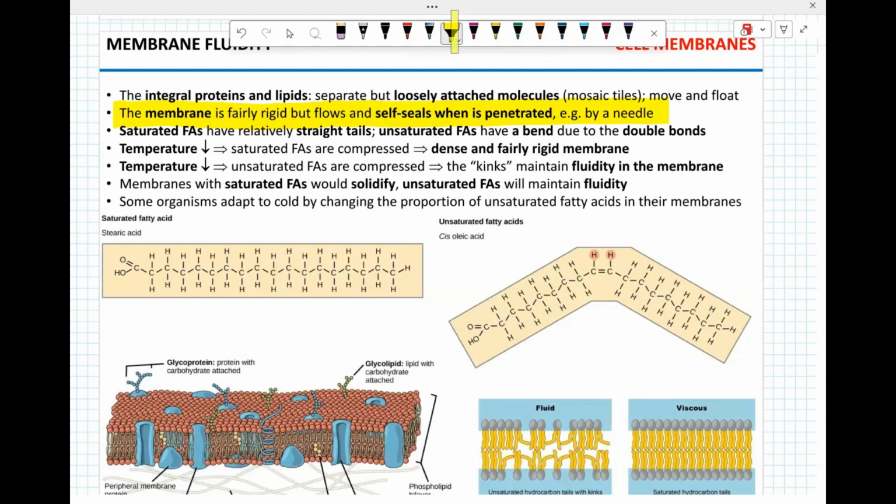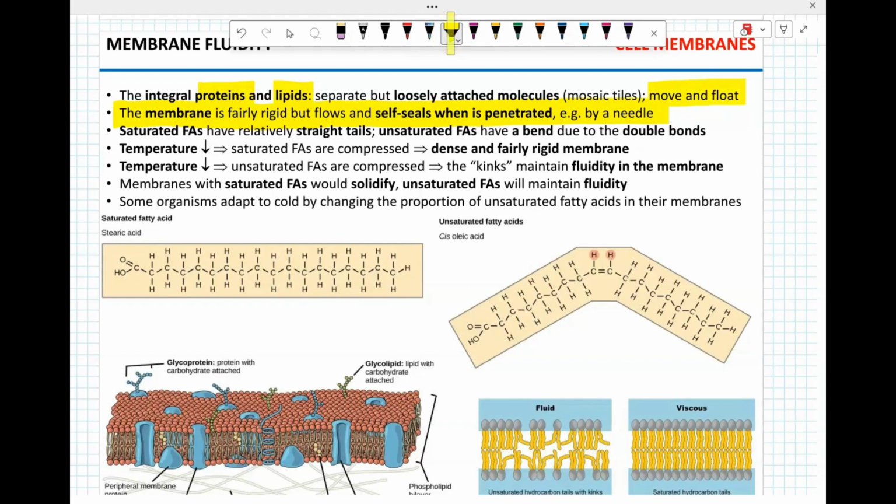If you penetrate plasma membrane with a needle and then retract the needle back, the membrane will, quote-unquote, heal itself. It will seal behind the needle, and no special repair activities are required for this. Considering the fact that lipids and proteins within the membrane are separate and not rigidly attached to each other, it is conceivable that these molecules can move and float within the membrane.